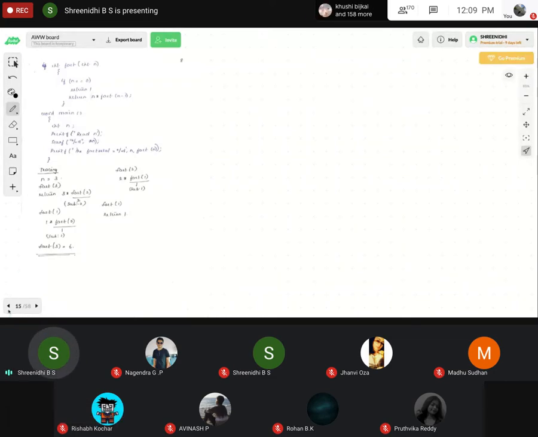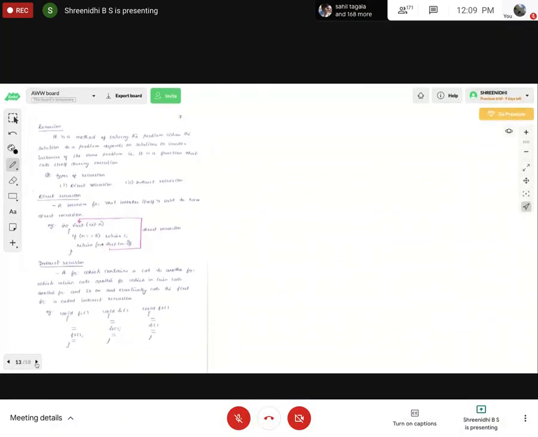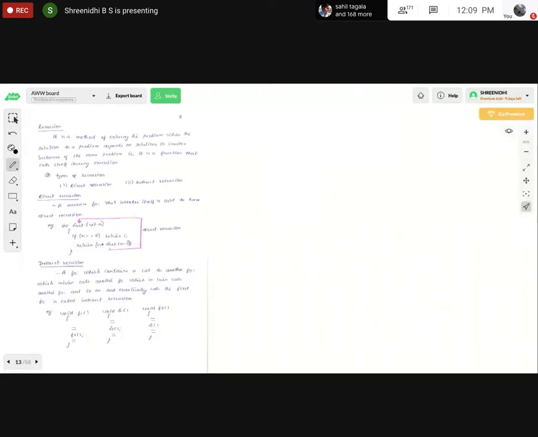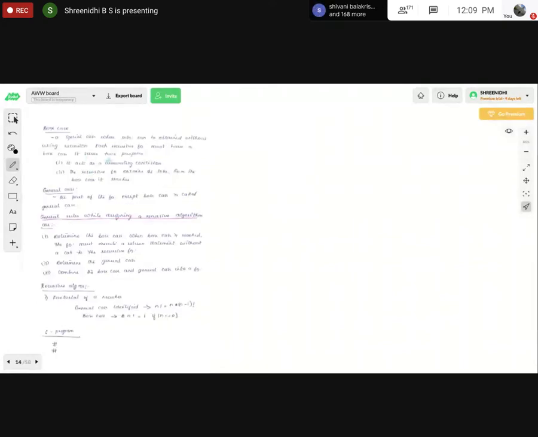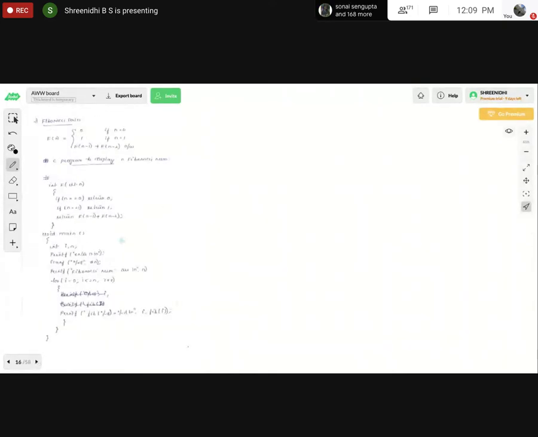In the notes as it is, I have given everything. See, I have explained for your 10th question. What do you define recursion? Direct, indirect. What do you mean by base case? These are the procedure. Base case, general case. In the general case, you have to know what the things are, and this is the example for recursion. This is the program. Next will be Fibonacci series.